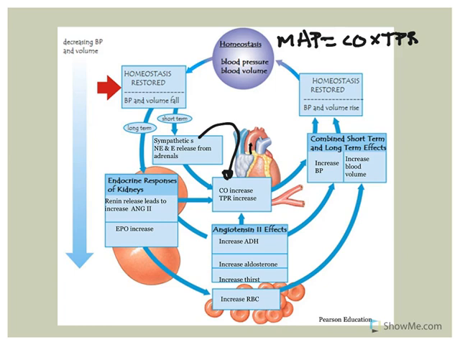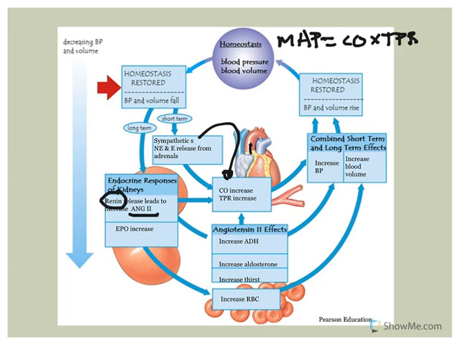Now, long term, it's a little slower to act, but it lasts a little bit longer, you do have endocrine responses by the kidneys. The kidneys release renin, and renin leads to the conversion of angiotensinogen to angiotensin 1, which then ultimately is converted to angiotensin 2 by an enzyme called angiotensin converting enzyme.